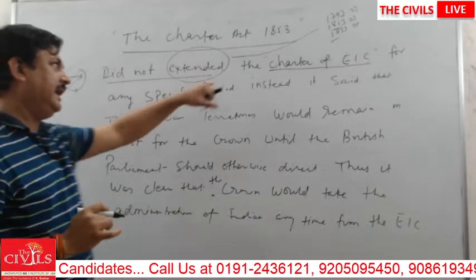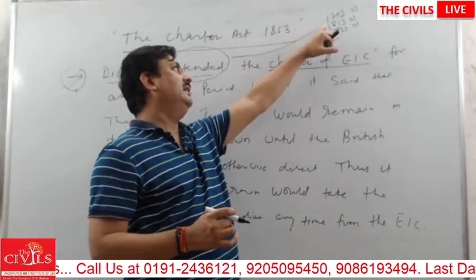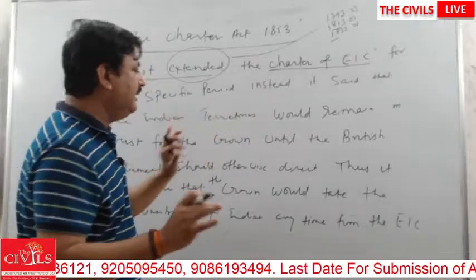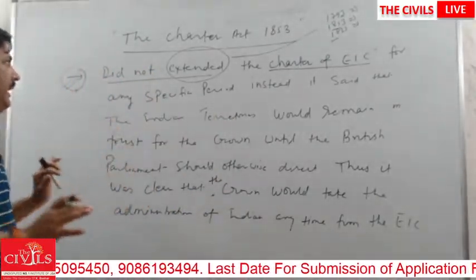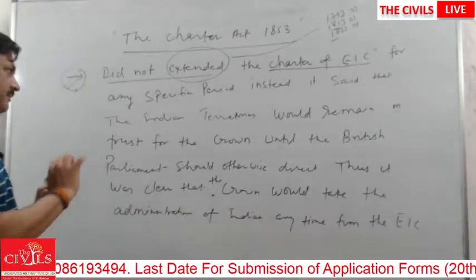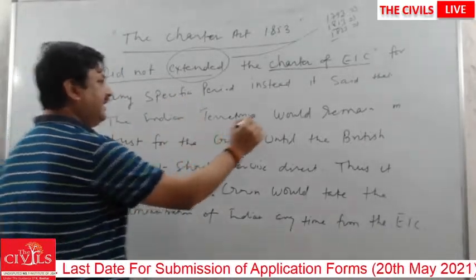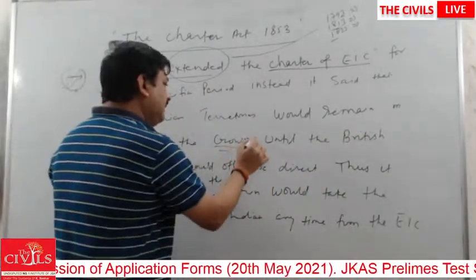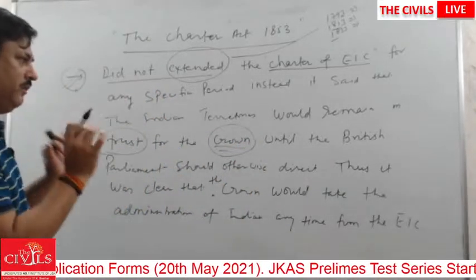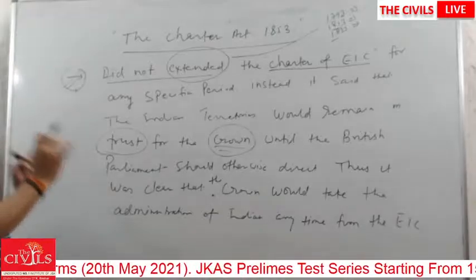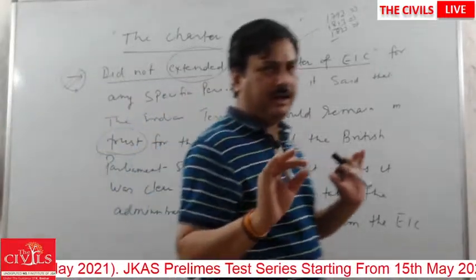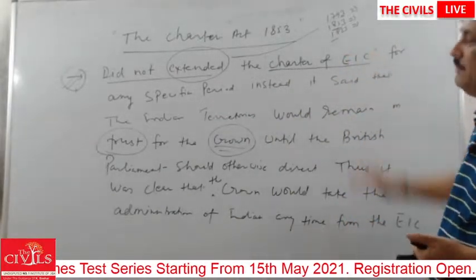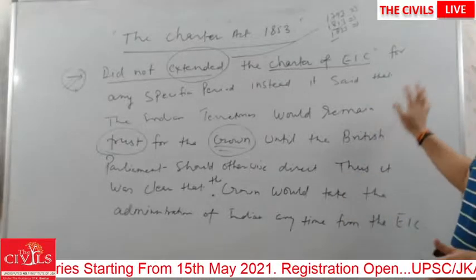We have seen that in the Charters of 1793, 1813 and 1833 there was extension of the charter. But this Act ended that and clearly said that the Indian territory would remain in trust for the Crown, and trust for the Crown means the Crown would take the administration of India into its own hands anytime from the East India Company. This was the most important provision of 1853.